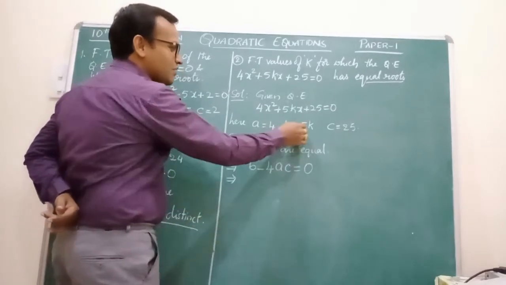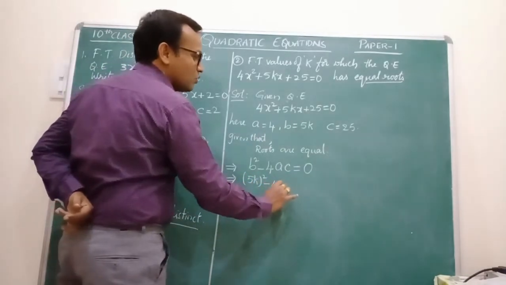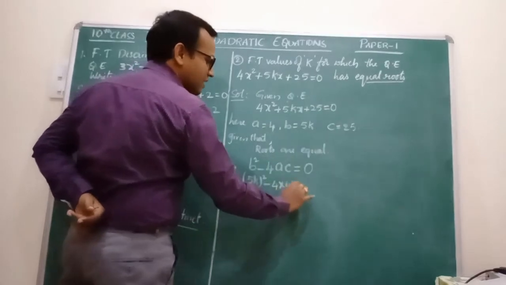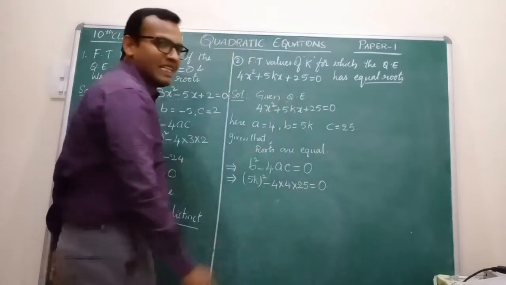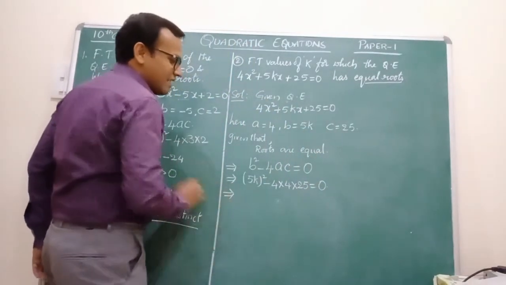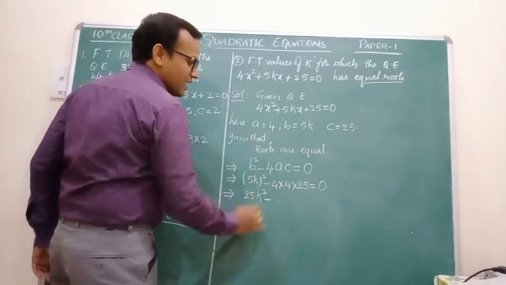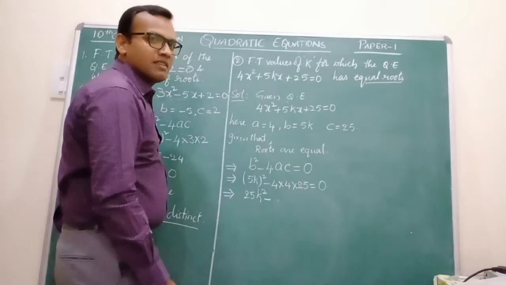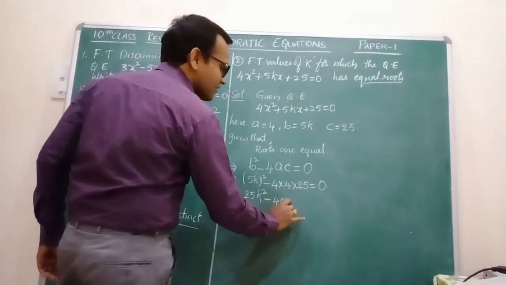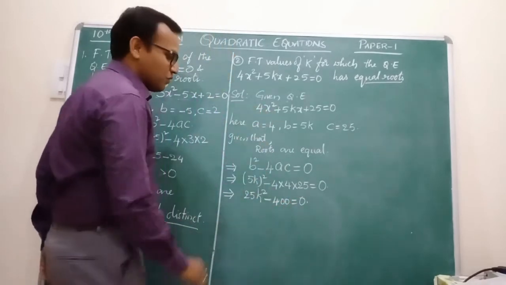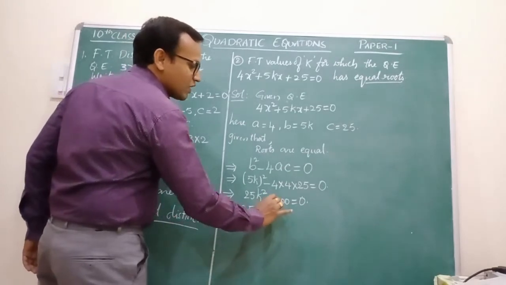B square means 5k whole square, minus 4 into a value 4, into c value 25, that is equal to 0. Now further calculating, 5 square is 25, k square, minus 4 into 25 is 100, 100 into 4 is 400, which is equal to 0. Now 25k square is equal to minus 400.